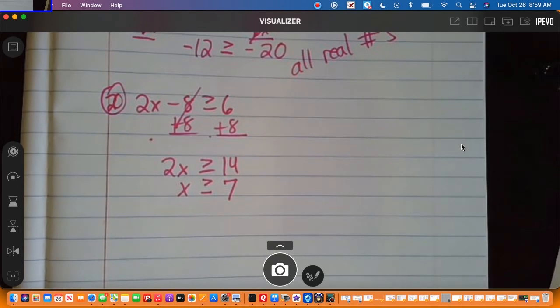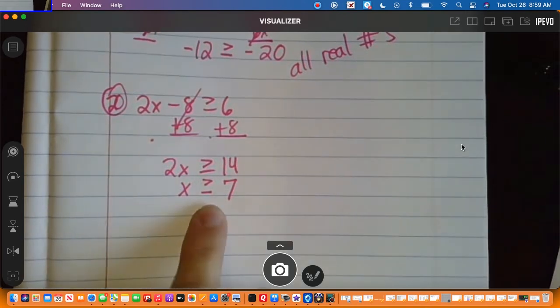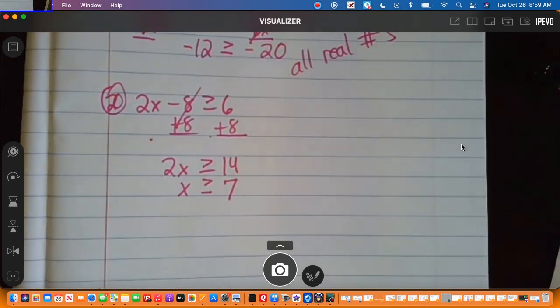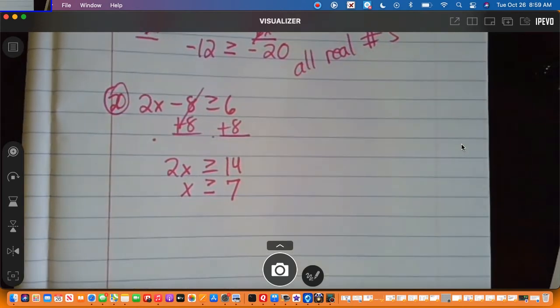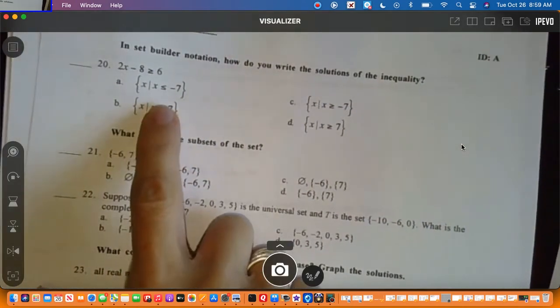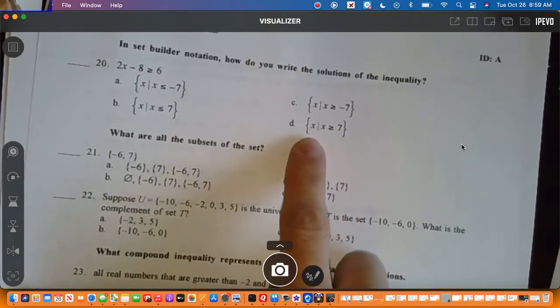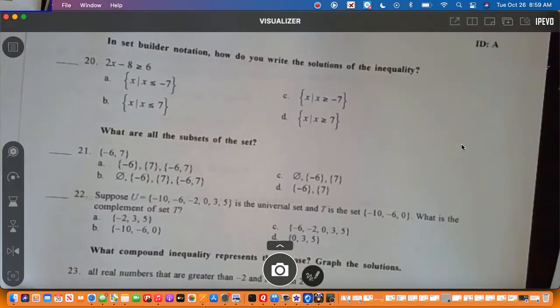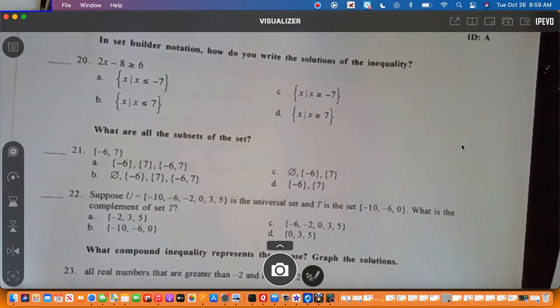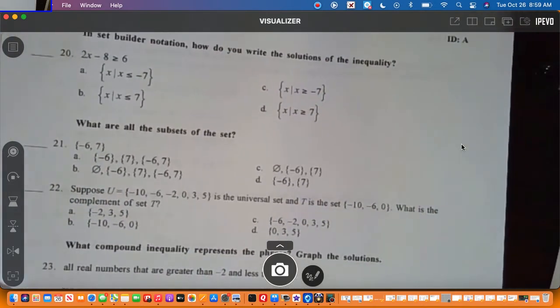It just has the extra step because they want it in set builder notation. All they're doing is putting this answer in the brackets with that little bar, x such that, and this is the answer. And you can see that's the only one that matched, so it's obvious which one is your answer choice. But you're still solving it the same way, like plus 8 to each side.